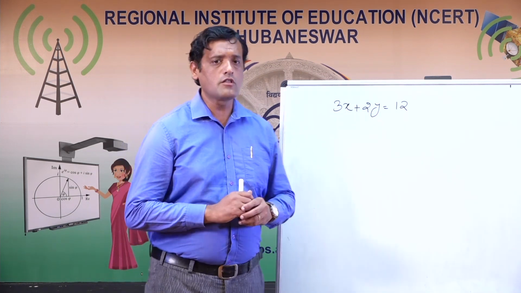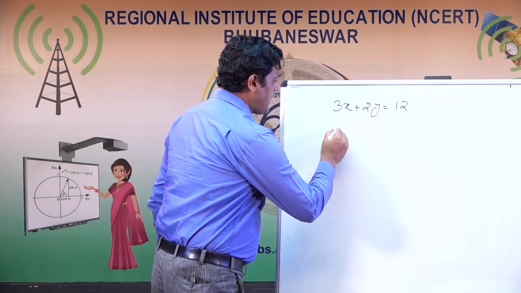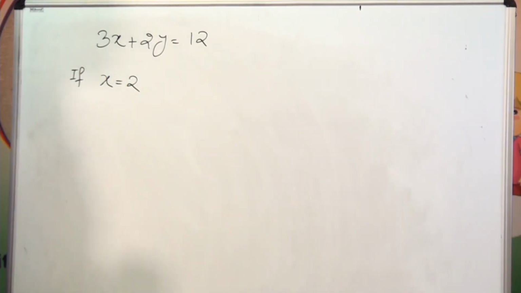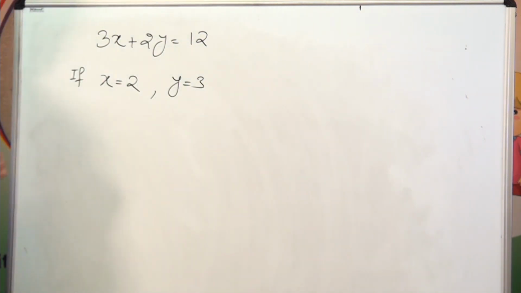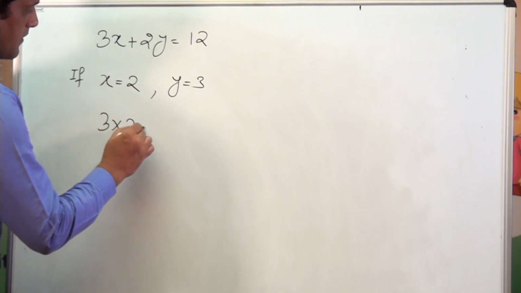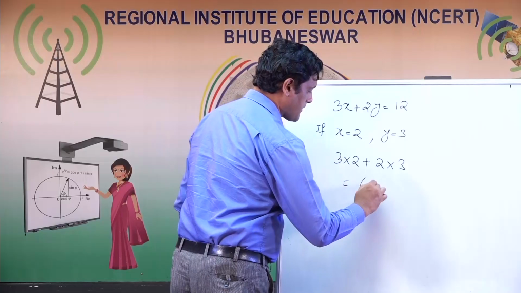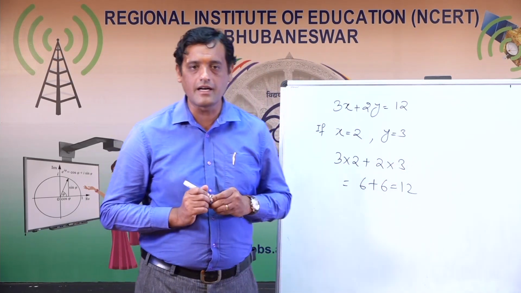Now let us find the solution. How to find the solution? If x equals 2 and y equals 3, what is the conclusion? 3 into 2 plus 2 into 3, that means 6 plus 6 equals 12, which is the right hand side.